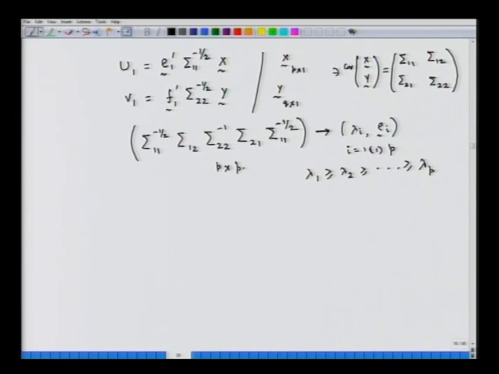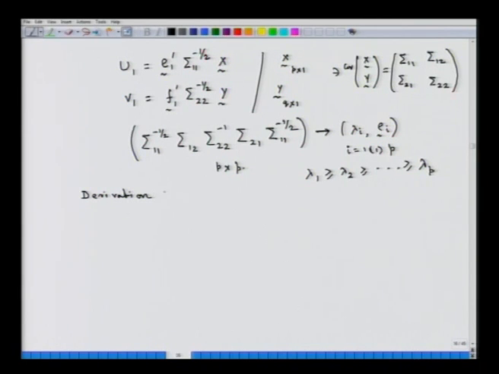The non-zero eigenvalues of both these matrices, A transpose A and A A transpose, are the same; only the multiplicity of zero eigenvalues in the two matrices can differ. So, what we are first going to take up today is how we can derive the second, third and in general the kth canonical variable. So, let us first look at that.